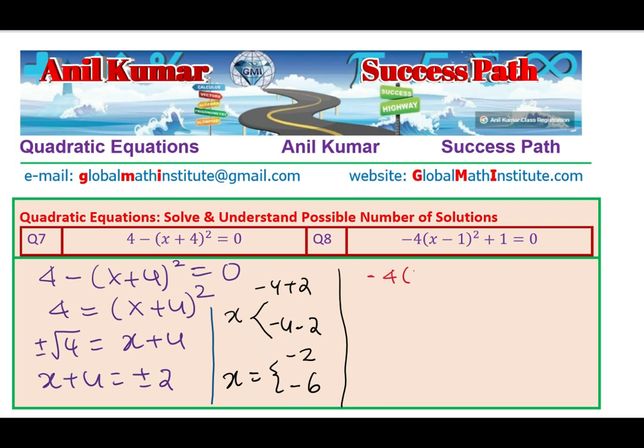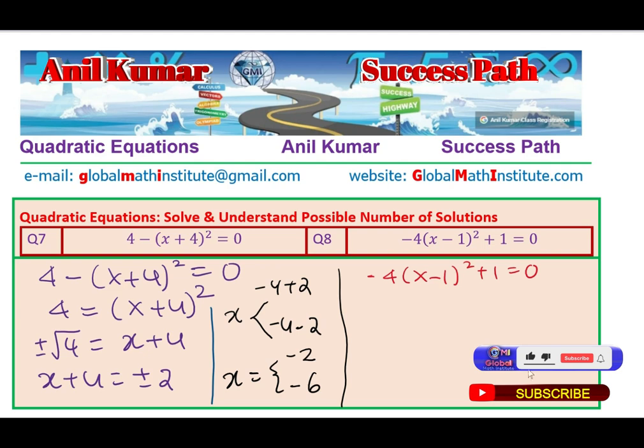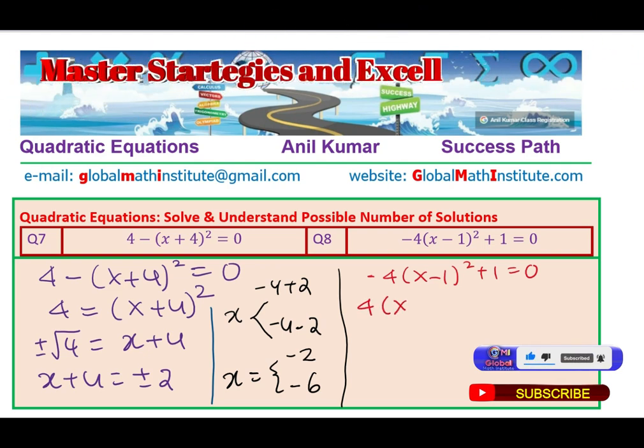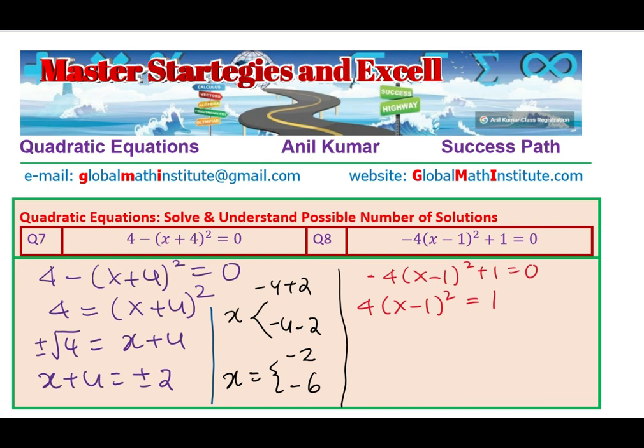Minus 4 (x minus 1) whole square plus 1 equals 0. Rewrite this. So we could take 1 to the other side and write 4(x minus 1) whole square equals 1. Is that correct? Right? So writing on left side or right side doesn't really matter. I could have written 1 equals 4 times (x minus 1) whole square. Right?